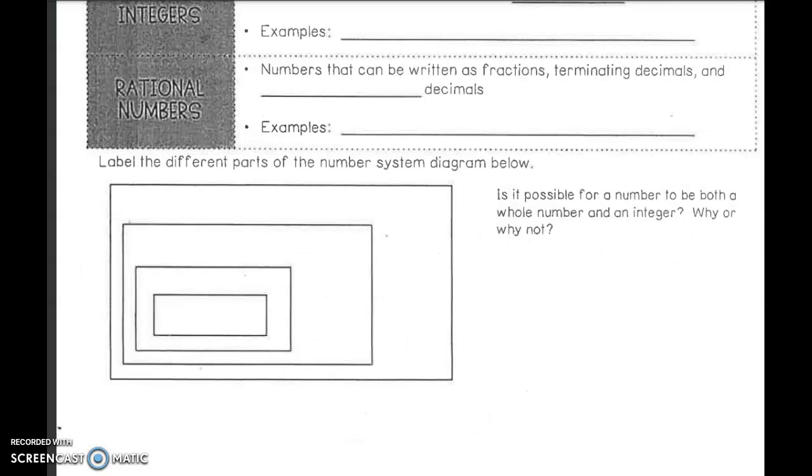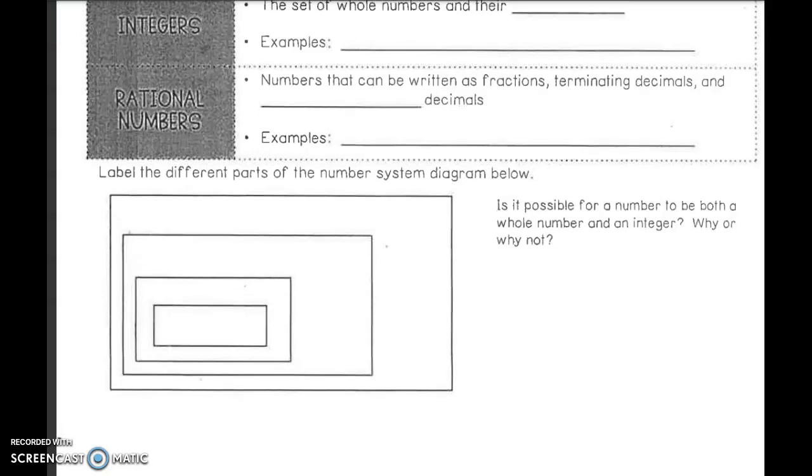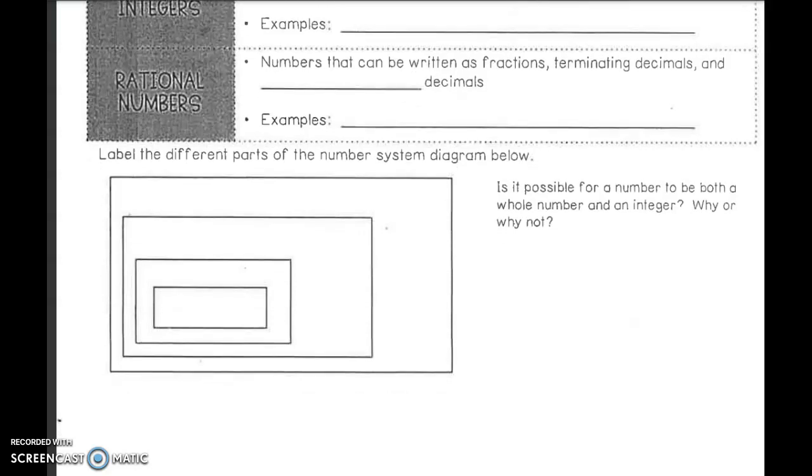So this chart, and we'll look at one similar to this in class, has a good representation of the 4 different number sets. If you look at the most basic one we talked about, natural numbers, that goes in here. Let me get my pen. So we'll do that in blue. This is natural.